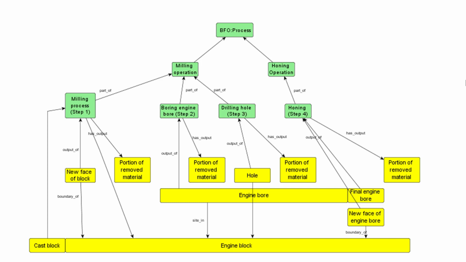Holes are continuants in BFO just as objects are continuants in BFO. And continuants can undergo different kinds of transitions. A human being, for instance, undergoes a transition from being a child to being an adult, but it's the same human being. Similarly, it's the same block and it's the same bore. Good. Very good.